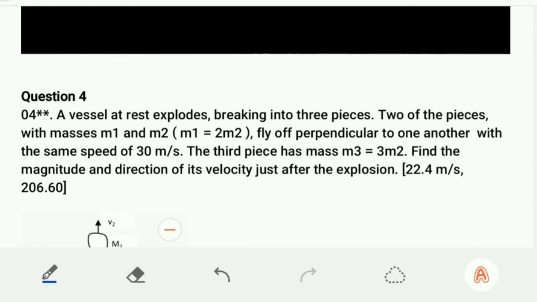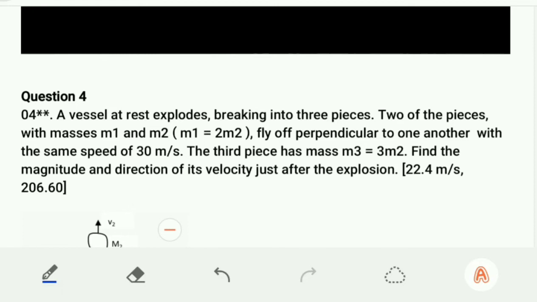Then the third piece is 3 times m2. For this third piece, we're going to find the velocity as well as its direction after the explosion.